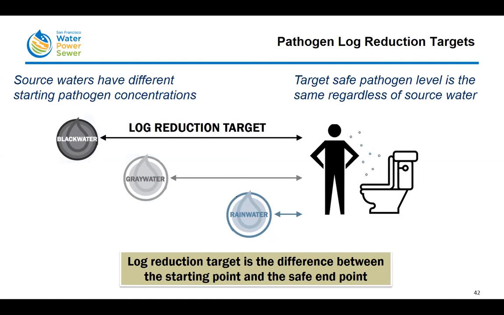And then the target safe pathogen level is the same regardless of your source water. So you're getting the same level of protection regardless of what type of water you're using. And this is really, again, about the fit-for-purpose approach for non-potable end uses and creating a standard that matches the right source to the right use in terms of water quality.